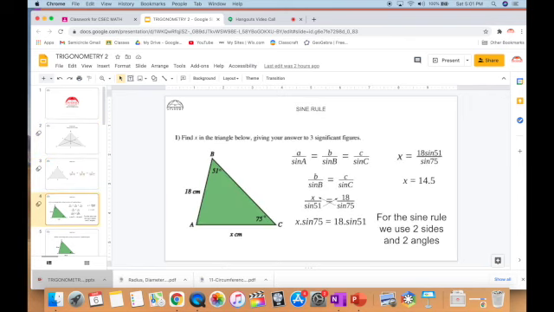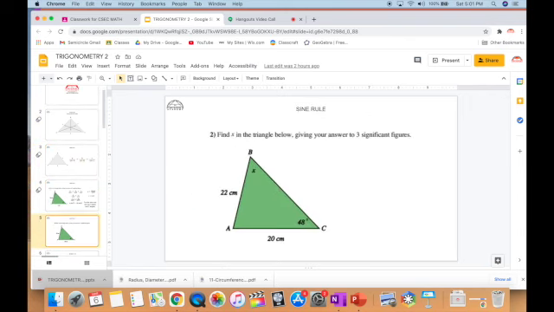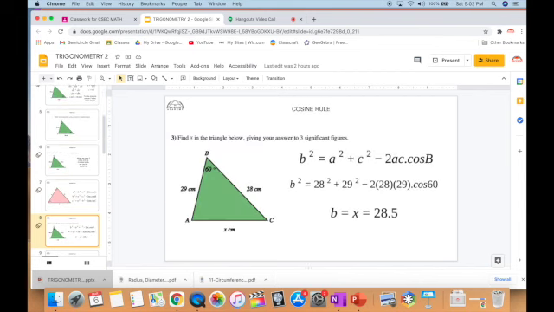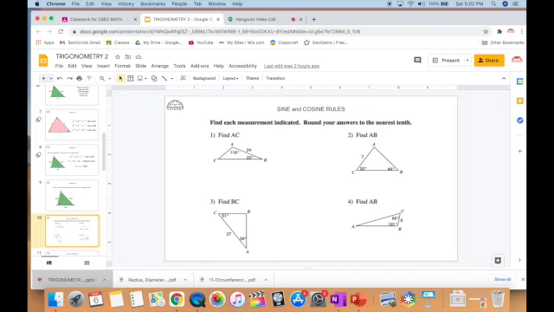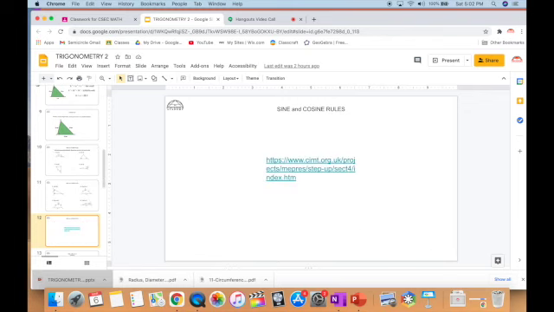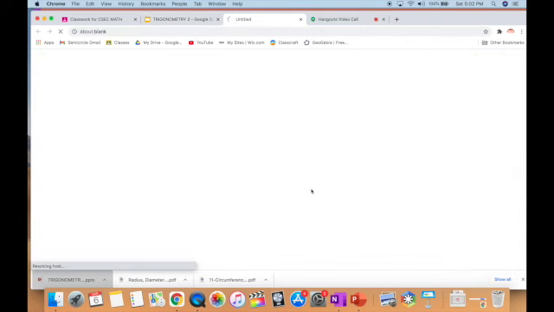So you have all of the things we did in this class, the cosine rule, and then we had these questions here. 1, 2, 3, 4, 5, 6, 7, 8 questions you are to do for homework. So these 8 questions we will be looking at next class, as well as this worksheet here.